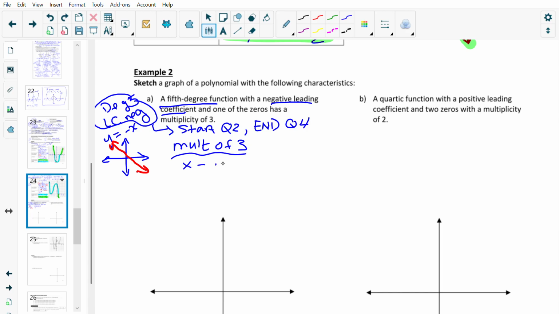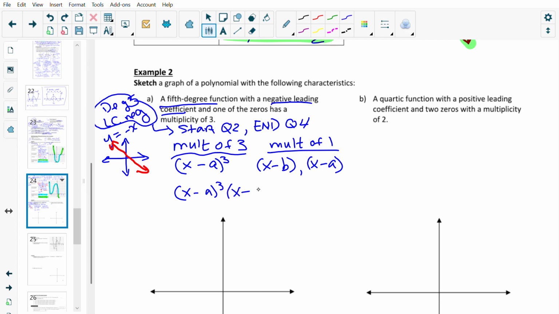So in terms of variables, x minus a to the third. Okay, what about the other two? Well, it doesn't say anything, so it's assumed that it's a multiplicity of 1. So x minus b and x minus c.